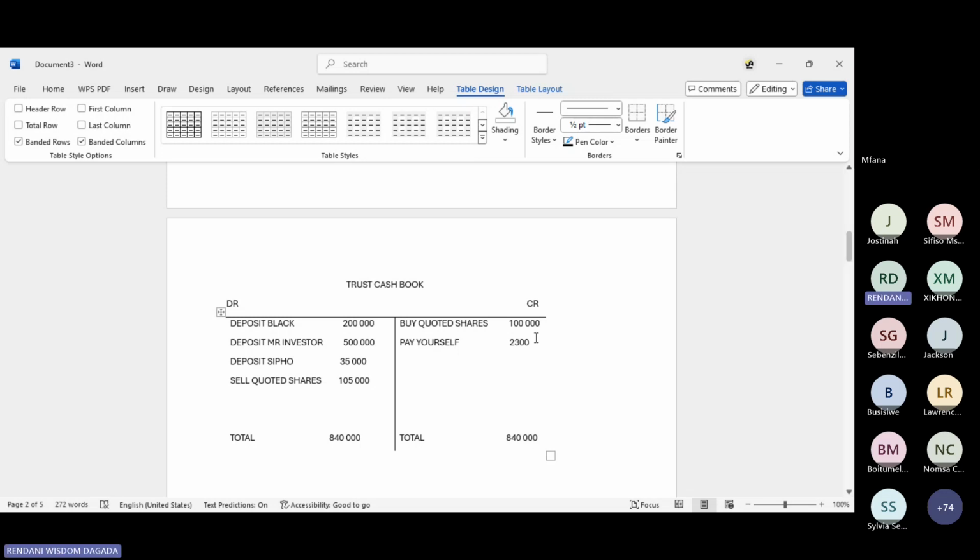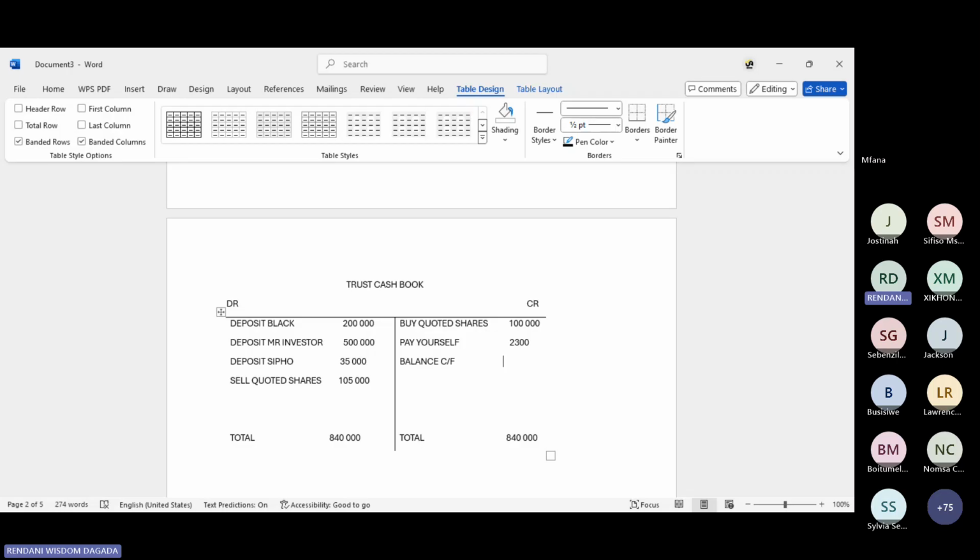After that, you know that the credit side does not equal 840,000, right? Now, the difference here is called the balance carried forward. That is the amount that is making this side not equal to that amount. So balance CF. You need to calculate the balance CF.